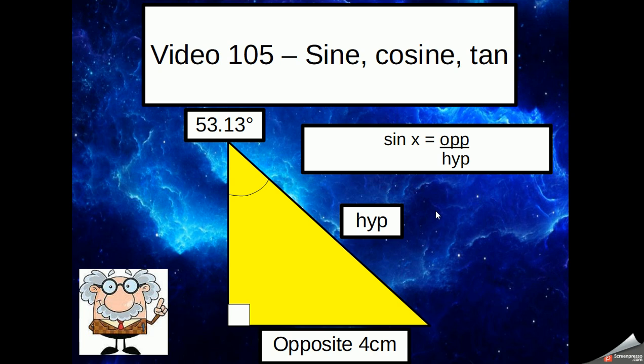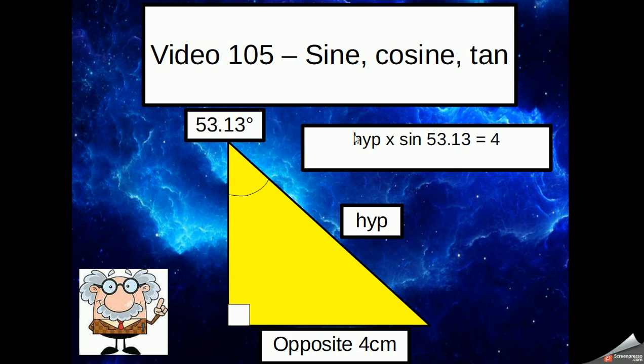And when we go through Oscar had a heap of apples, it will be the sine rule. The very first rule is the sine rule, and it's Oscar had opposite hypotenuse. So I'm going to work with sine, sine the angle, is equal to opposite over hypotenuse. Well, I know my angle is 53.13, and I know the opposite is 4. So sine 53.13 is equal to 4 over whatever the hypotenuse is.